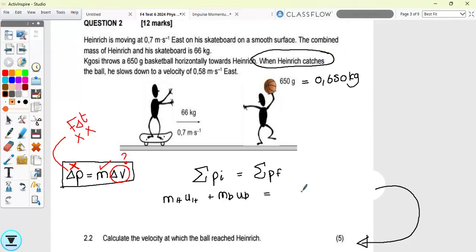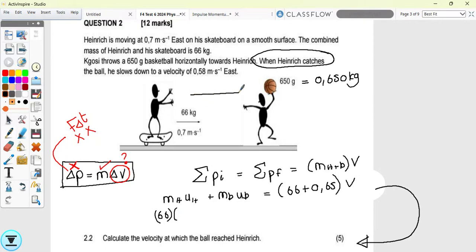So how does that help us in this equation? You can add the masses, and you can say that it is, how much does this child weigh? 66. So 66 plus 0.65, and the velocity again is, I should have written the equation first and said M Heinrich plus ball times V, and then you can fill it in. This one I haven't filled in now. So Heinrich is 66.